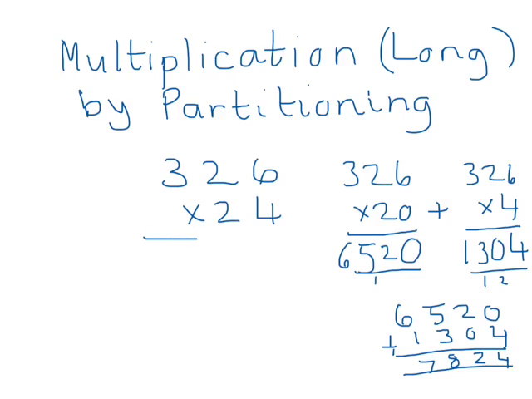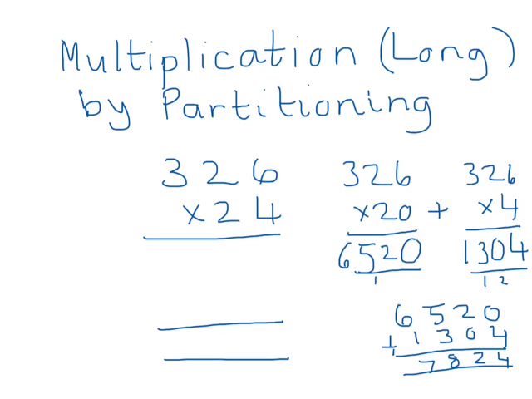We just put a line here, then we leave 2 spaces and do a double line for the answer. And then we do exactly as we've done here, but we just write the answer to each step underneath each other. So for example, I'm going to multiply 326 by 4 first.